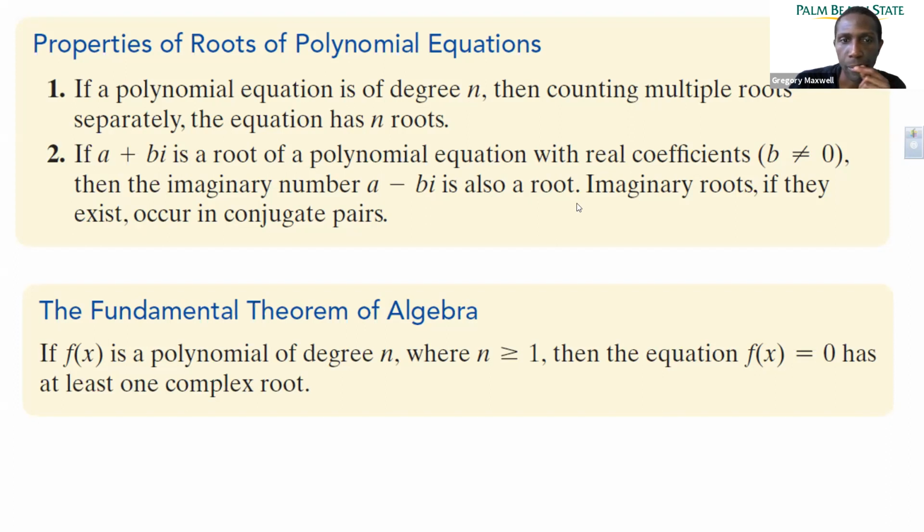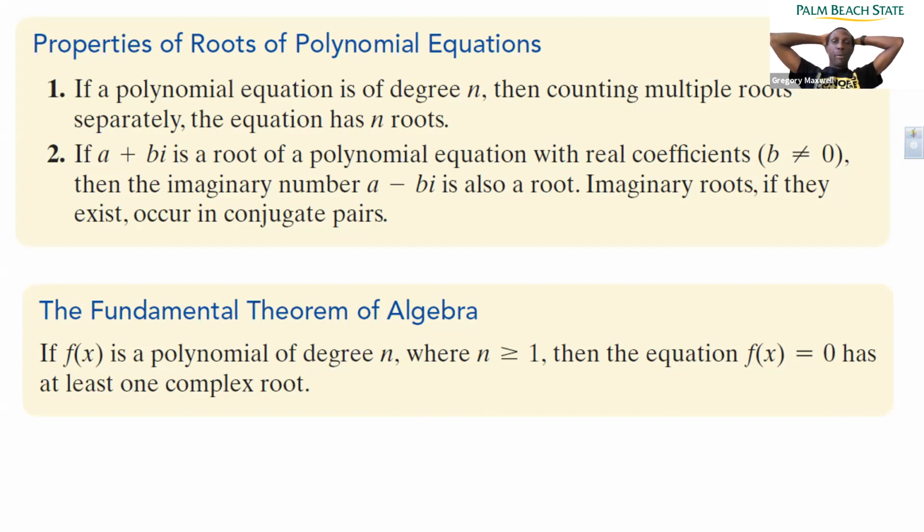All right? So the fundamental theorem of algebra says if f of x is a polynomial of degree n and n is positive, then the equation f of x equal to 0 has at least one complex root. In other words, if you have any linear function or polynomial with degree 1 or higher, you must have at least one complex number root, and that includes real numbers.